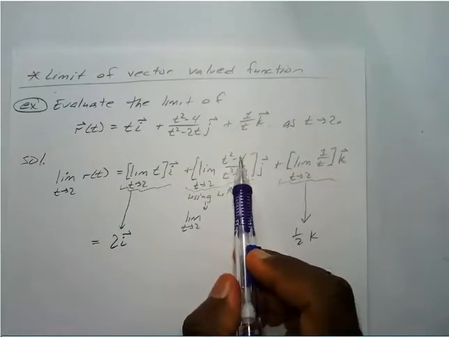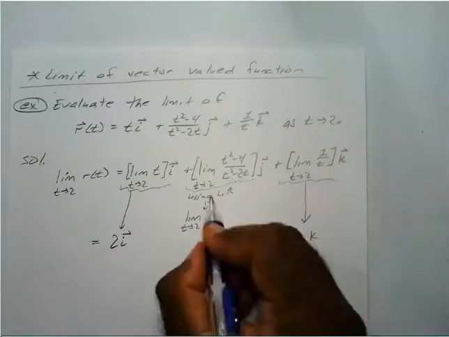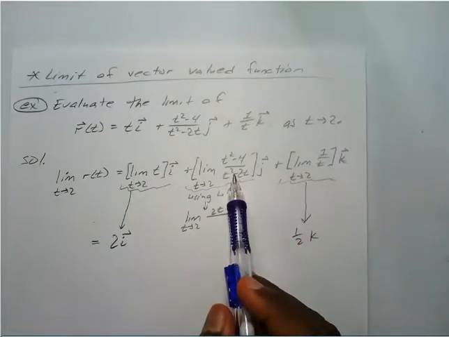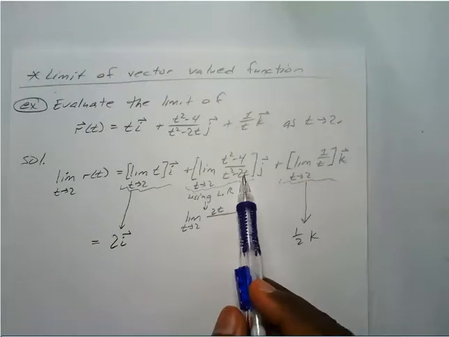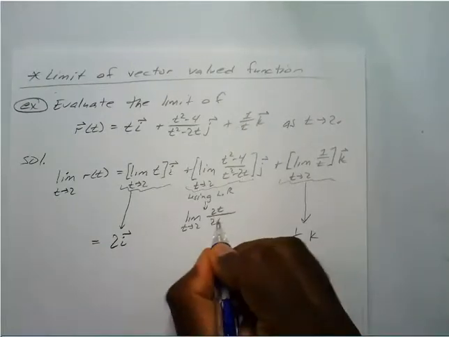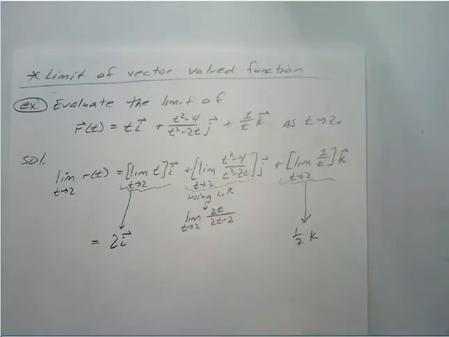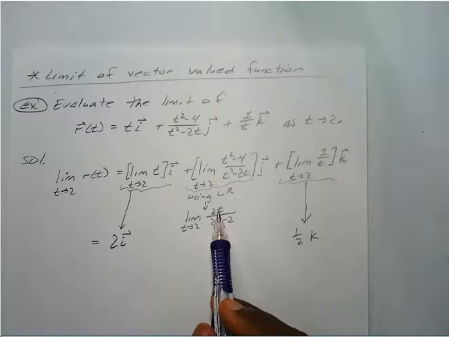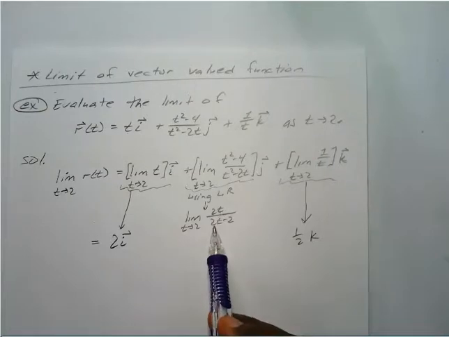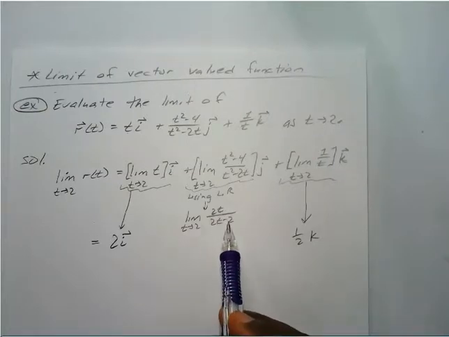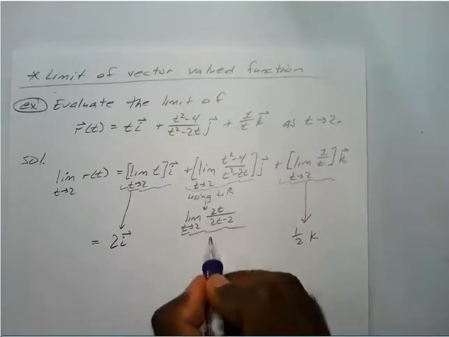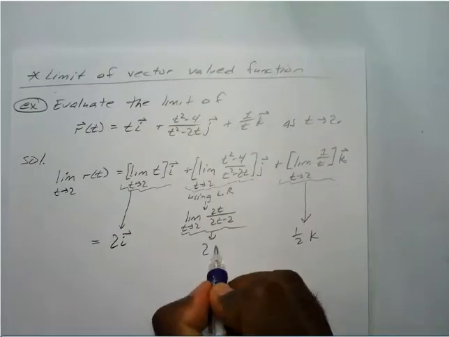The derivative of t squared minus 4 is 2t over the derivative of t squared minus 2t, which is 2t minus 2. Where we can go ahead and plug in our 2. So we have 2 times 2, which is 4, over 2 times 2 is 4, 4 minus 2 is 2, so we have 4 over 2, which is 2. So this gives us 2j.